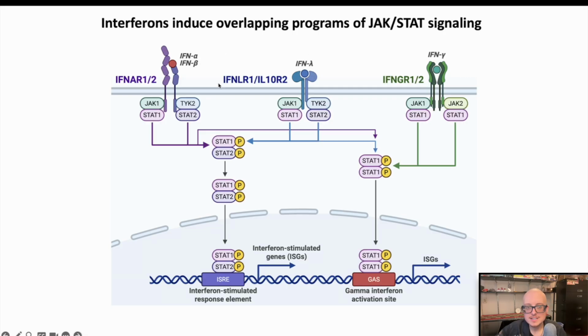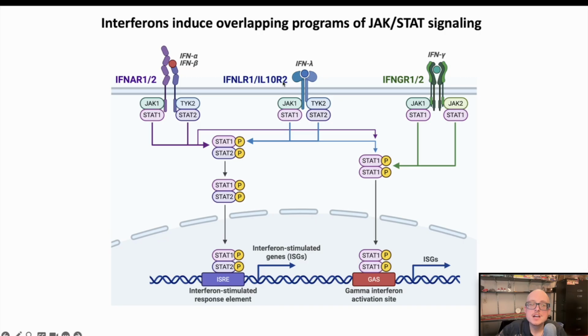In the middle here is actually the type 3 interferon receptor, the interferon lambda receptor. And its chains include one chain that we call the interferon lambda receptor, chain 1. Interferon lambda receptor is a bit unique though because it actually uses a receptor chain that it shares with many other cytokine receptors known as the IL-10 receptor 2 chain.